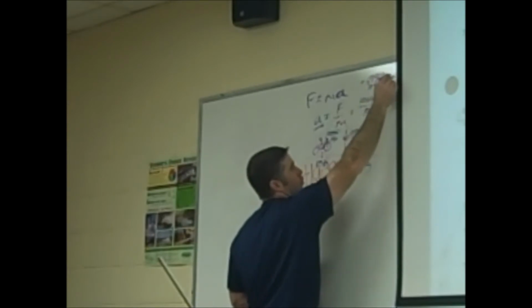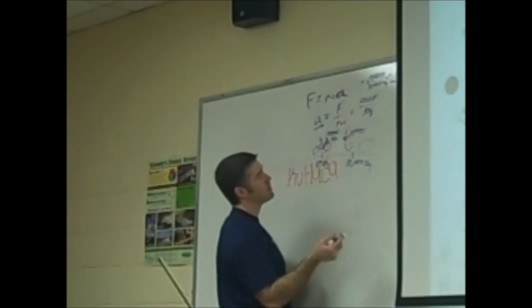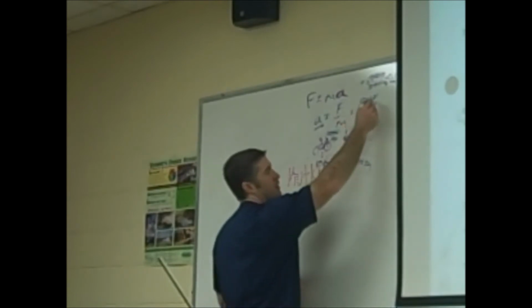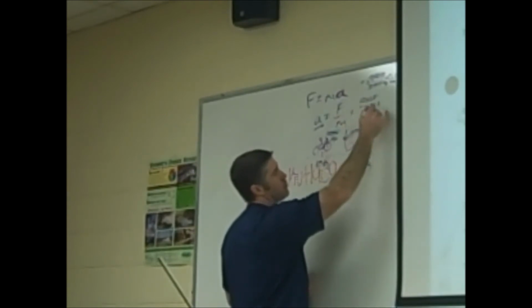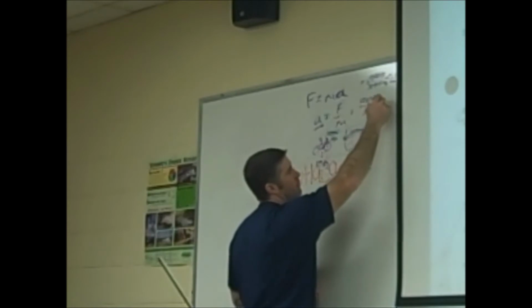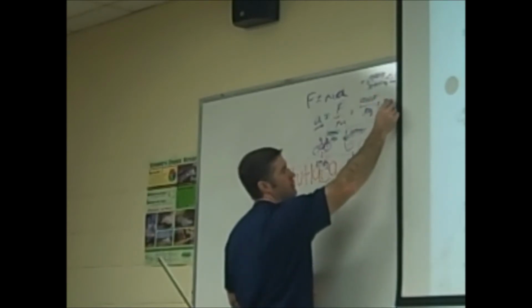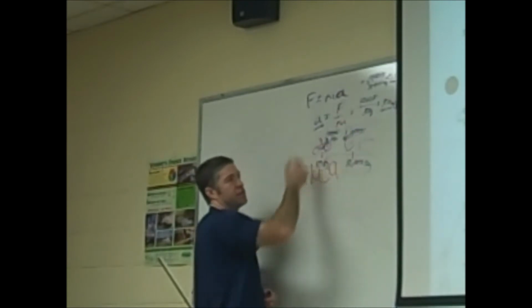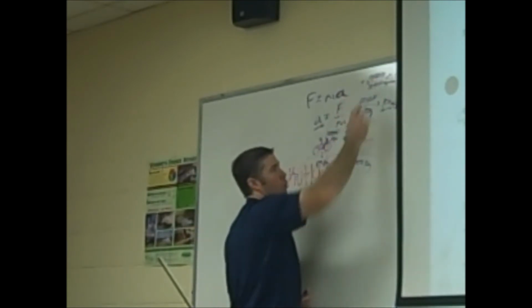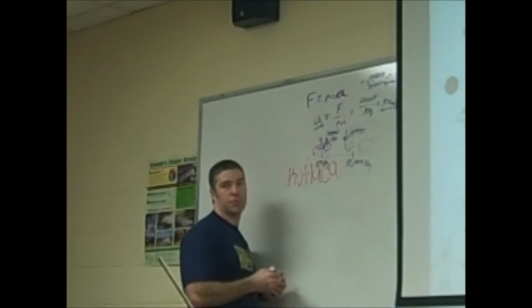So that would be 0.1 would be how much the bus would accelerate based on that force. And how much the bike would accelerate would be 100. So 100 meters per second squared is how fast that bike's going to accelerate. And 0.1 meter per second squared is how fast the bus will accelerate.